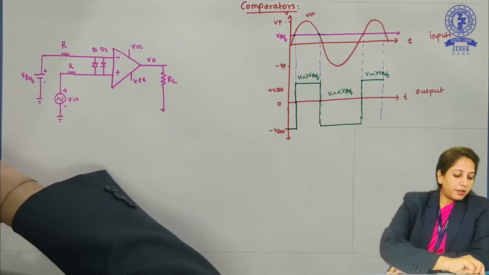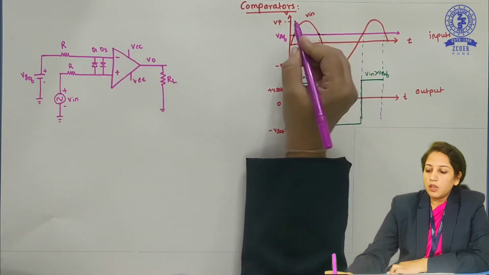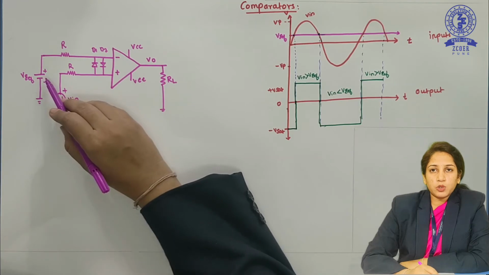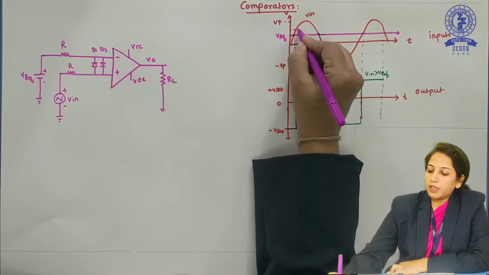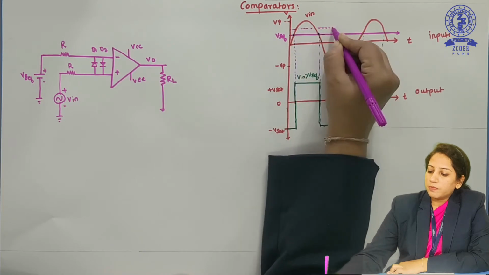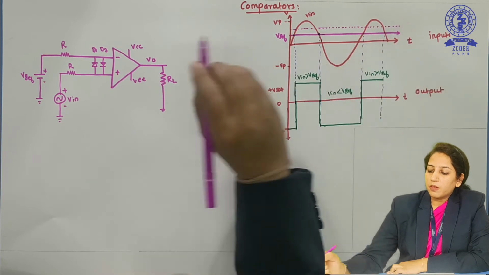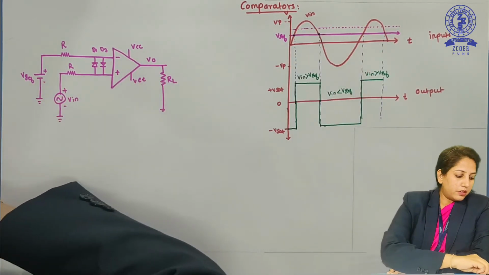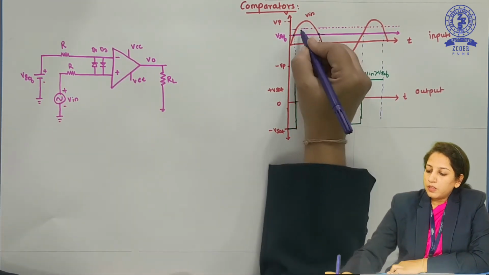So what will happen if I again increase my V reference? Suppose this V in was 5 volt and this V reference was 2 volt. Suppose I increase this V reference to 3 volts. For example, if I increase it more, then I will show it in this blue pen.